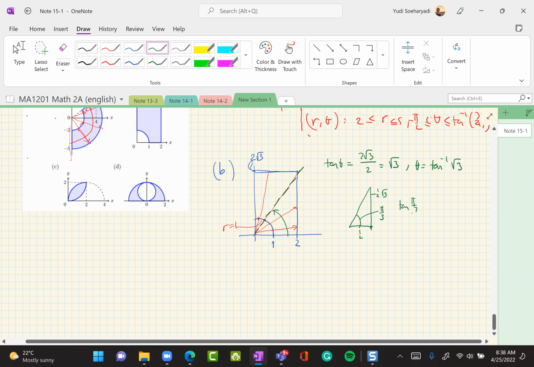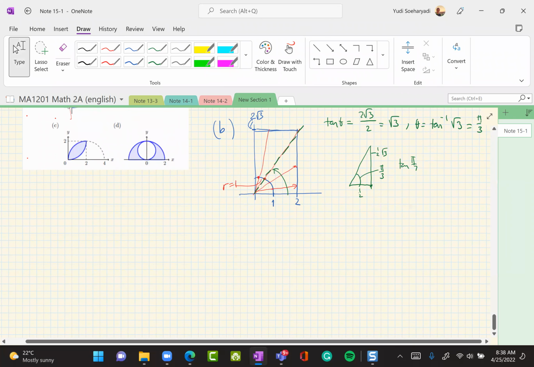So 10 over 3. All right, so this equation is now vertical lines. A vertical line is y equals something, equals 2.